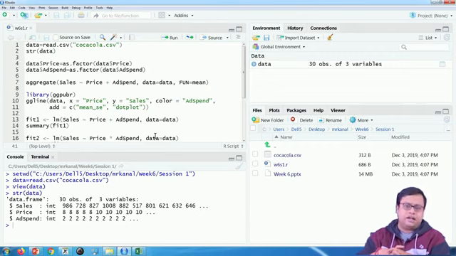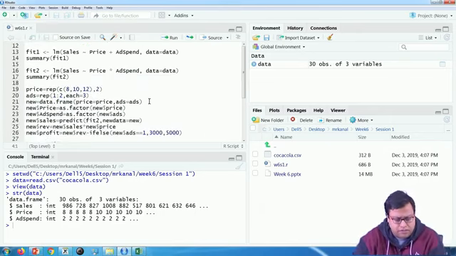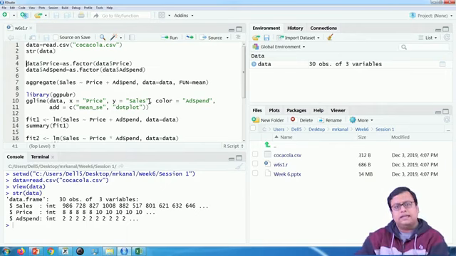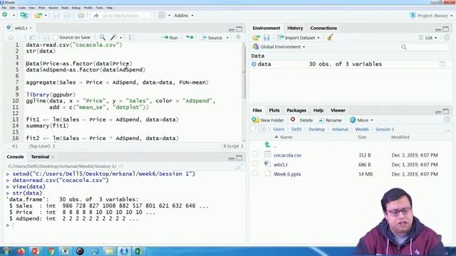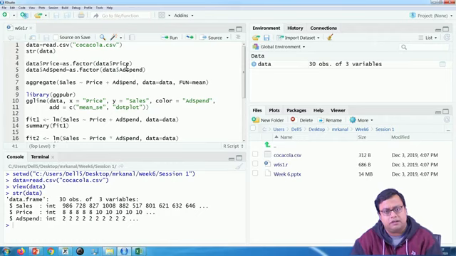Ad spend also has exactly 2 categories, ad spend 1 and ad spend 2. Ad spend 1 is 3,000 rupees per retail store, and ad spend 2 is 5,000 rupees per retail store. So, I will change these 2 variables to factor form.